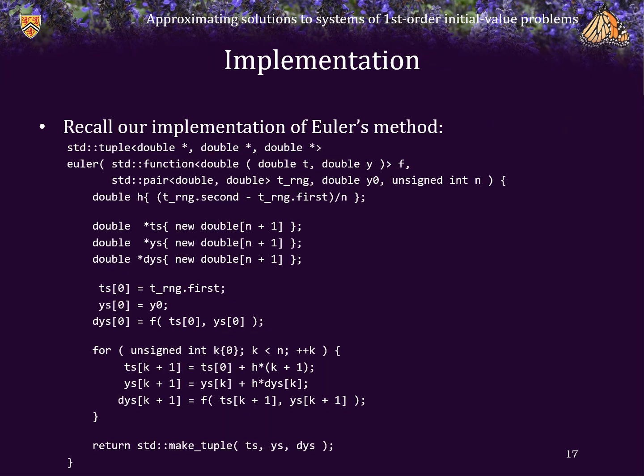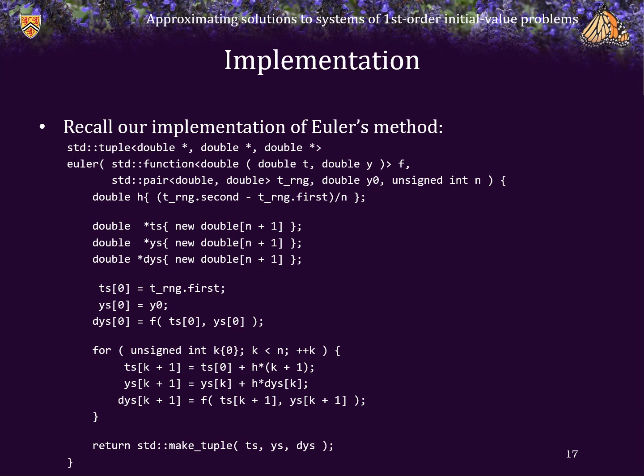Now let's recall our implementation of Euler's method. We're returning a tuple of 3 pointers to arrays. The first argument is a function that takes a time variable and a position variable, and it returns the rate of change. The second one is a pair that takes the t range, the t0, and the final t value.